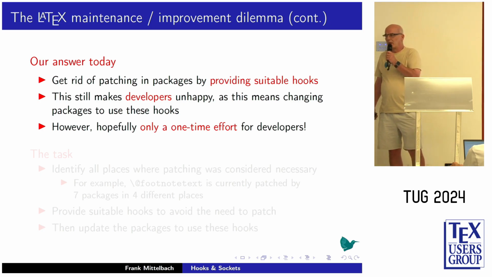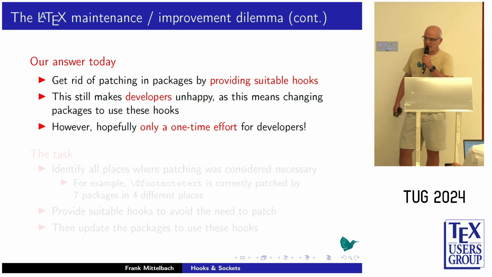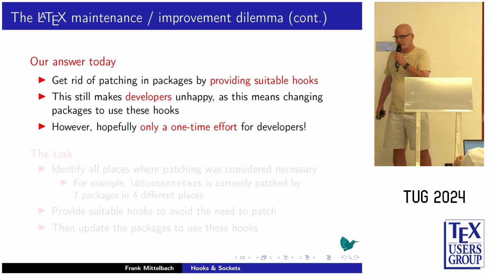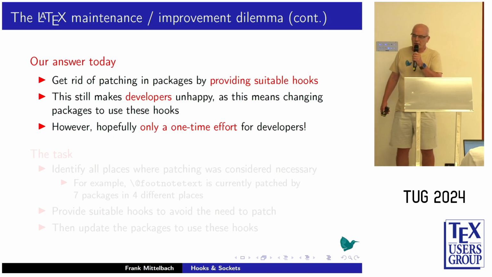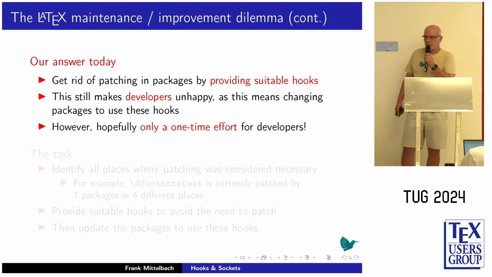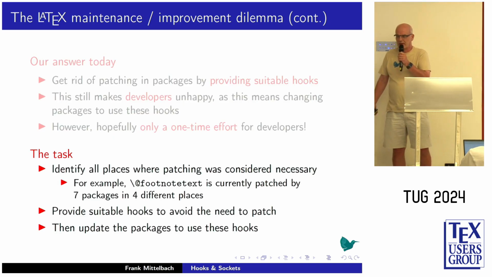It still makes developers unhappy because we are still sort of getting after them, patching the internals and changing this. But hopefully, as a result of actually doing it, it's a one-time effort. Because once they are using hooks, we are no longer in the problem of we are overwriting their code, or they are overwriting our code, or packages code between different packages.